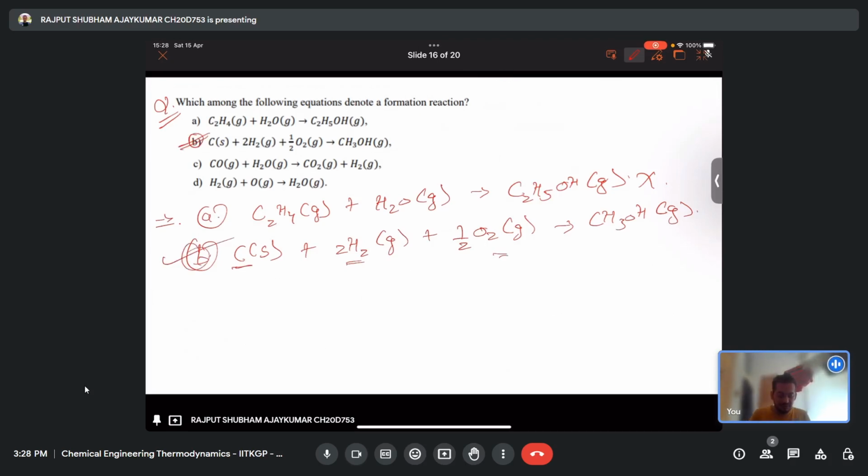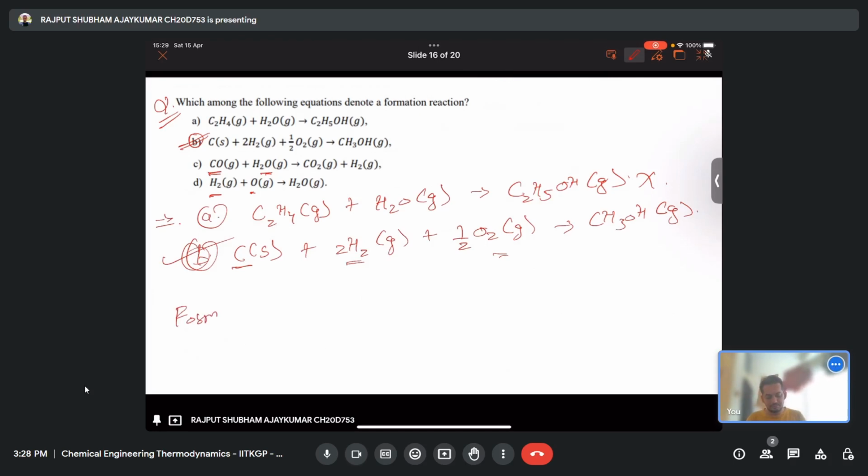Similarly, if you go to C and D, you will see that they are formed from compounds, not from elements. Now in option D you might say it can also be a formation reaction, but here oxygen exists in monatomic form, not diatomic form. Oxygen in its elemental form exists as diatomic O2, so this cannot be considered a formation reaction. So B is the correct answer.